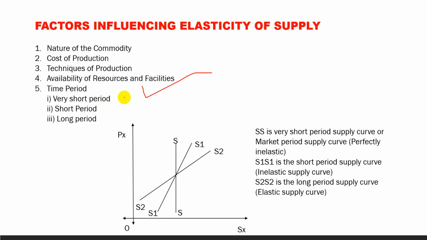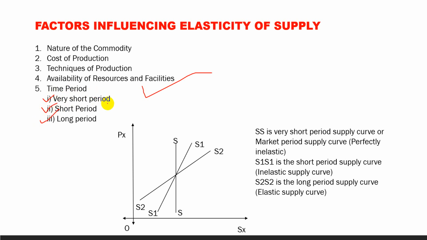The longer the period, the greater will be the elasticity of supply of a commodity, and vice versa. It is because the supply of a commodity can easily be adjusted in the long period than in the short period. Economists generally classify time period into three categories: very short period, short period, and long period.